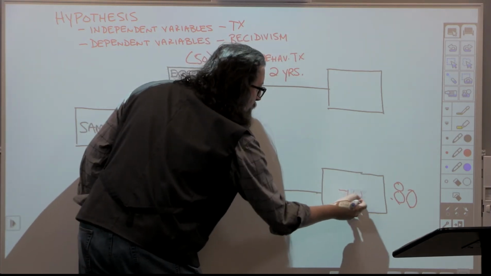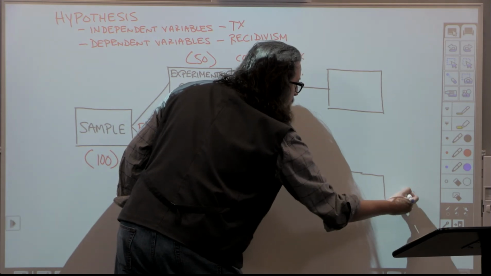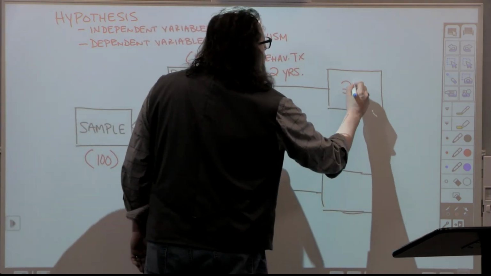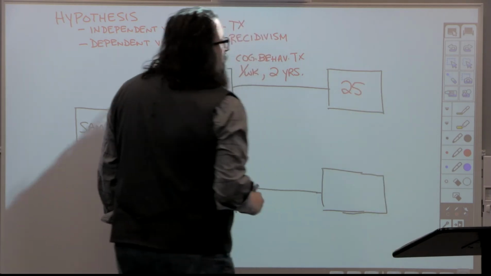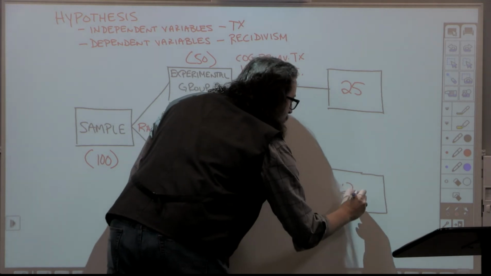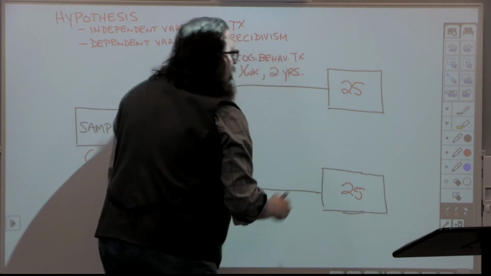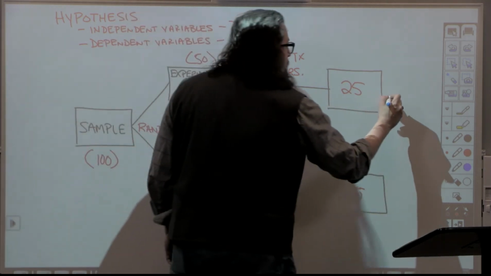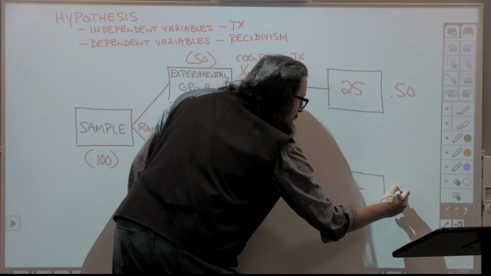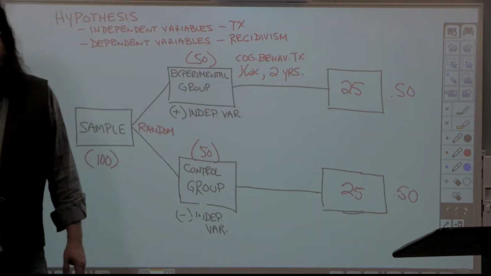Let's say, for example, that 25 offenders from our experimental group and 25 from the control group got rearrested. Obviously 25 out of 50 is half, so we'd be talking about a reoffense rate in each of these groups of 0.5.